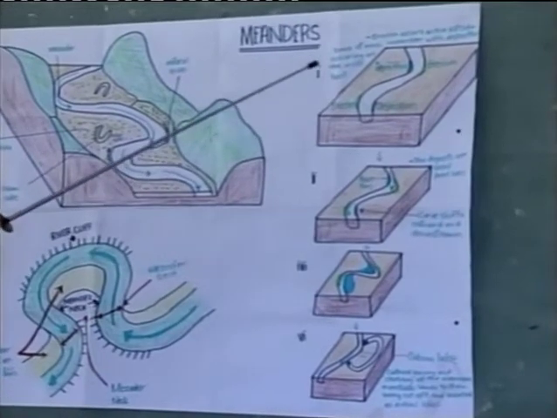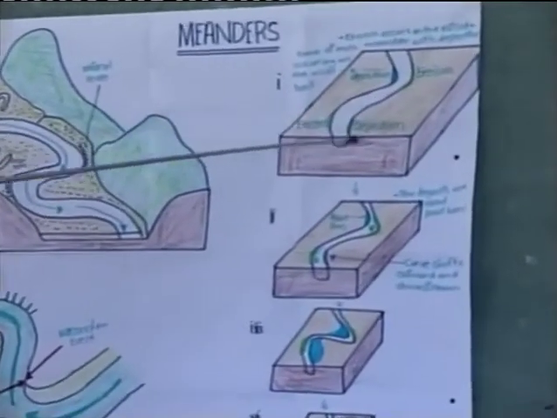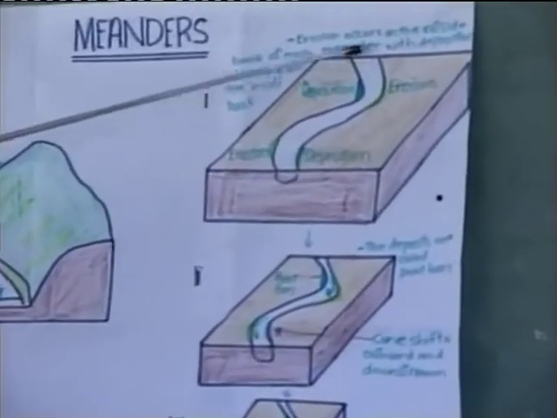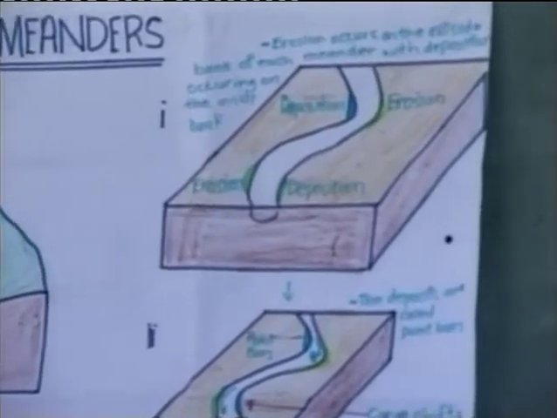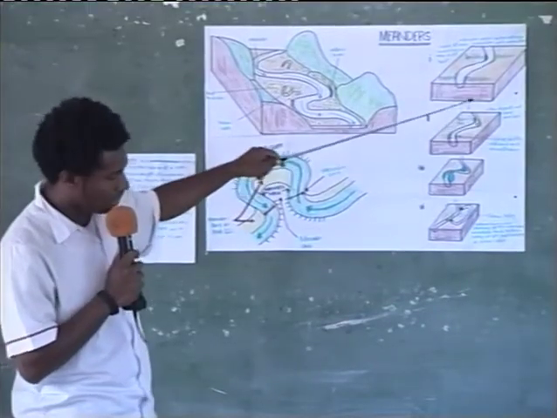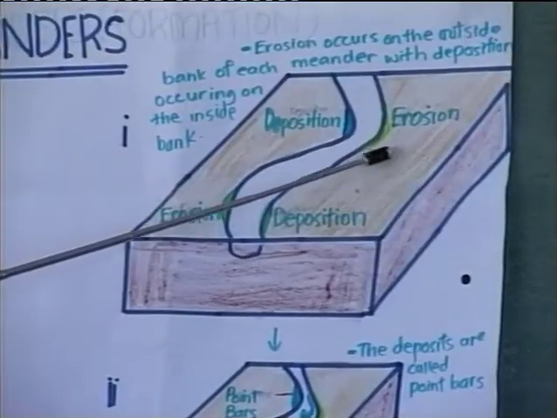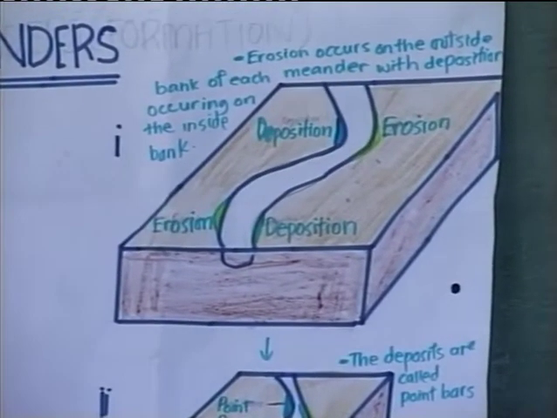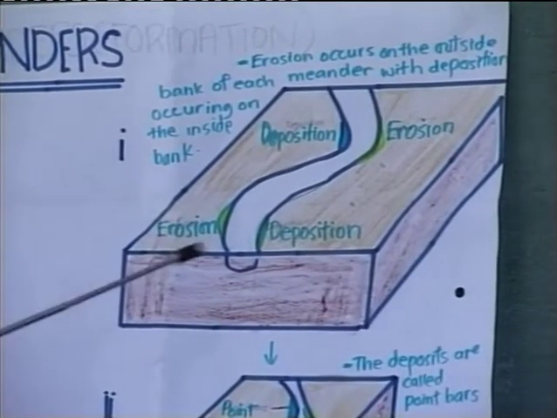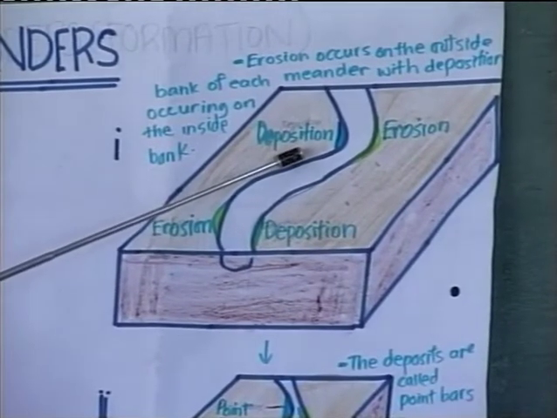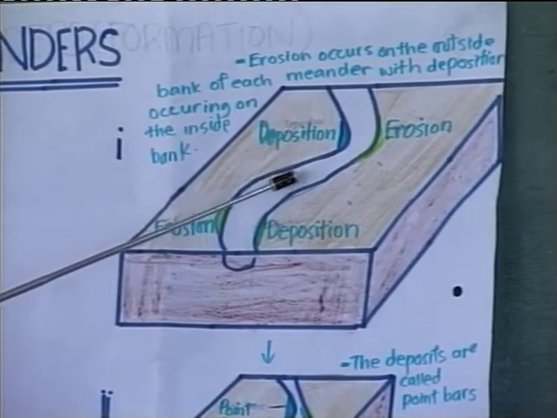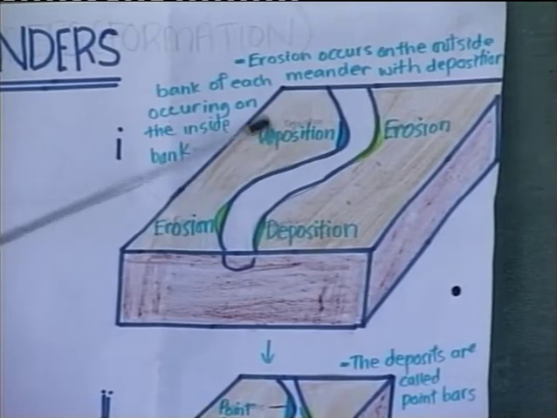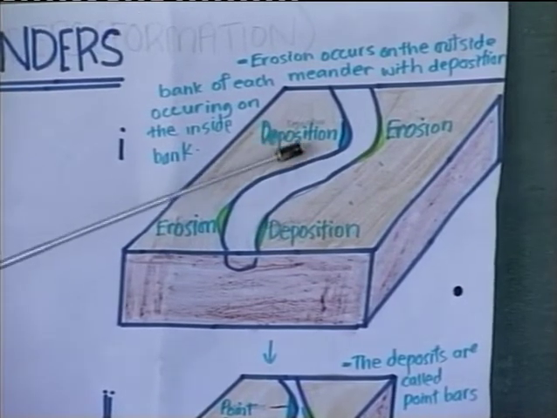As the water flows around its meander, it travels faster on the outside of the curve than on the inside because of the greater distance to travel.